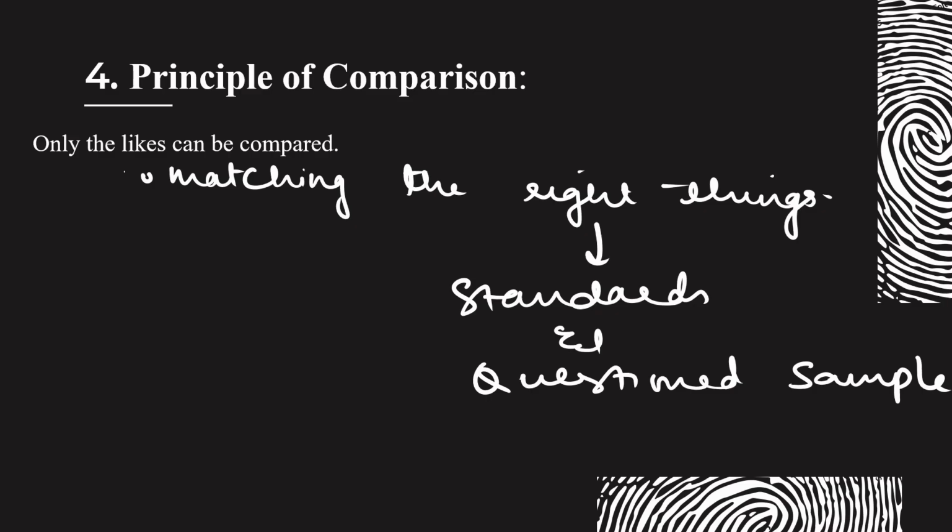To sum it up, you cannot compare apples with oranges in forensic science. You need apples versus apples, bullets versus bullets, ballpoints versus ballpoints. That is the principle of comparison, which is very simple, logical, and very important in helping solve crimes the right way.